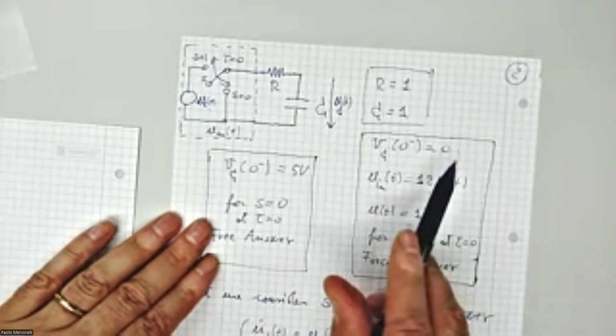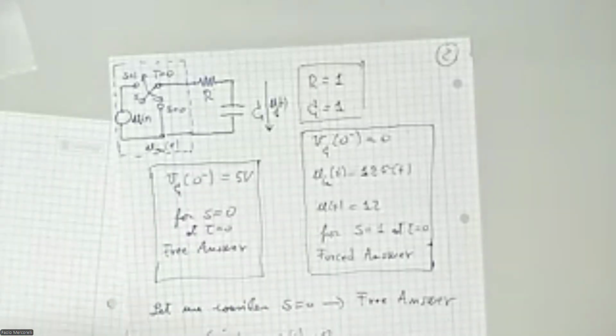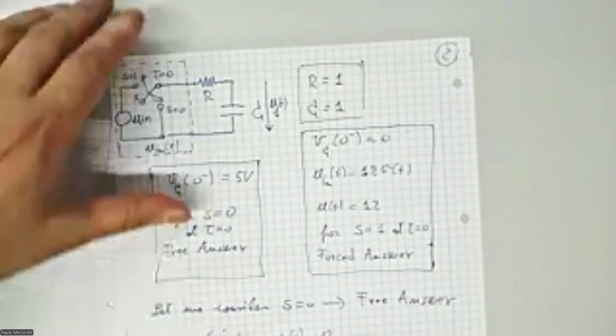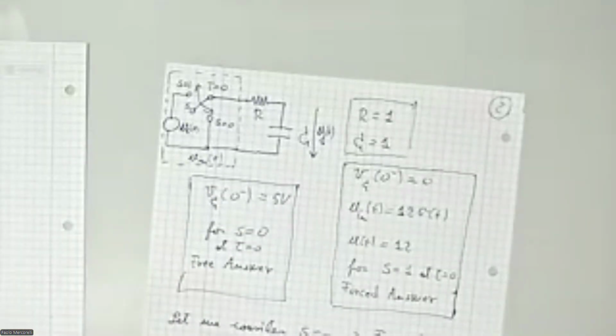Just to analyze, the idea is to analyze the free and forced response considering 0 minus and 0 plus. Because in electrotechnique or dynamical systems, this is, as I told you, a mix between math, system theory, and control. This means it's not only math, where we don't have the switch S.